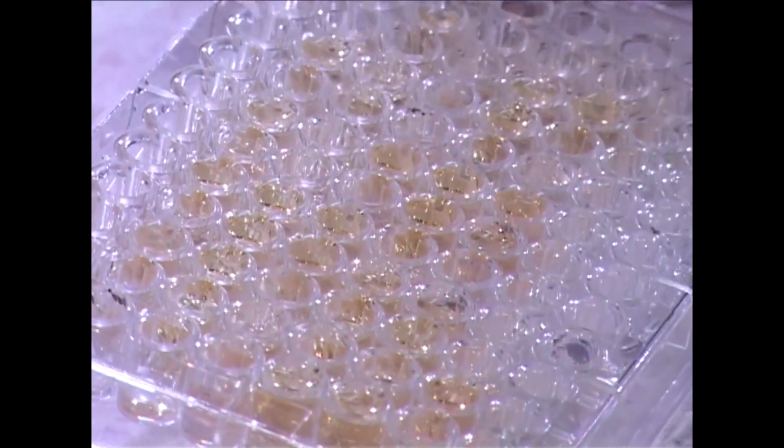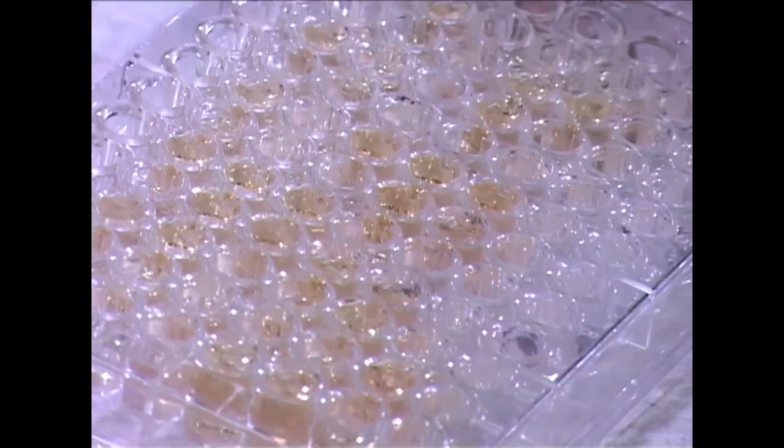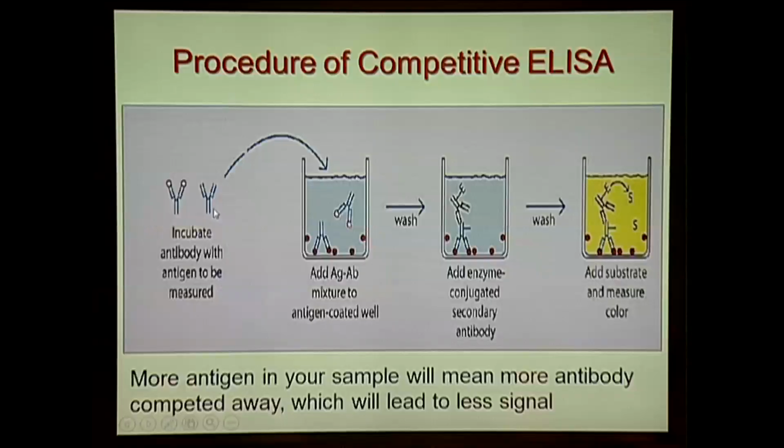Less coloration means less enzyme tagged secondary antibody present in the microtiter well, and that is only possible when there will be less free antibodies available, and that is possible when the sample is carrying a high amount of antigen. Clear? That is why when incubated with the antibody solution, all the antigen binding sites are filled up with antigen.